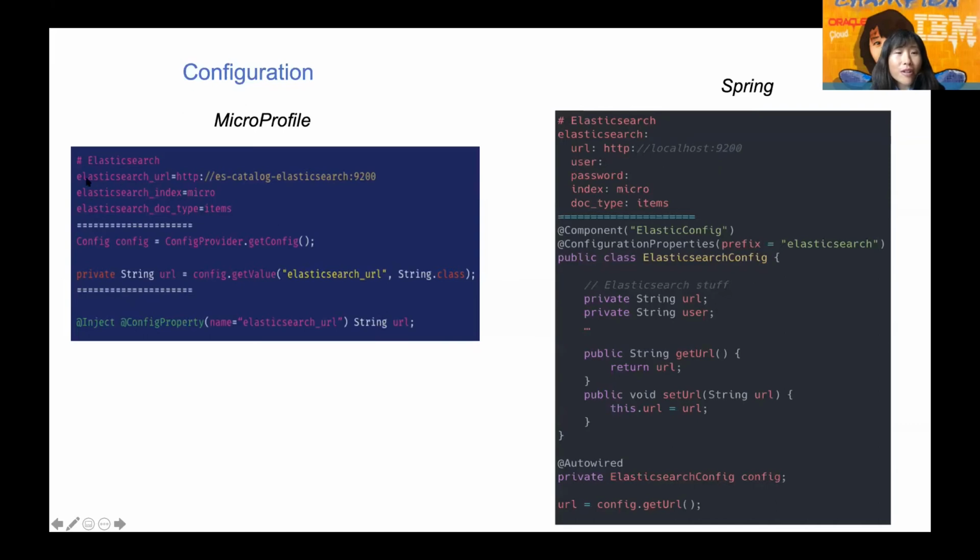However, the config specification is at the moment still flat. You can specify this, and then later on you can just add ConfigProperties with prefix elastic. You can use the same thing, and then your URL, index, and doc type will automatically be injected as well.